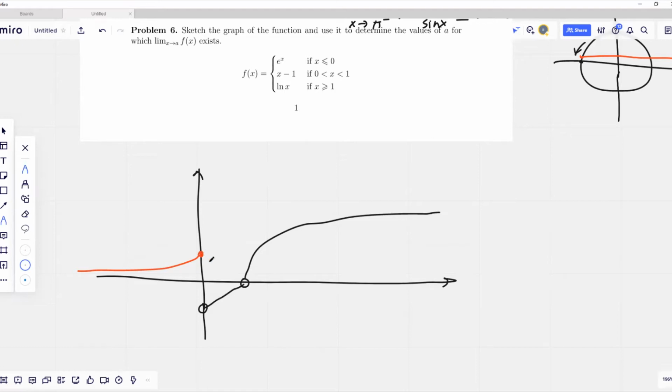So first of all, the limit at the point x equal to 0 doesn't exist, since the one-sided limits are different. The limit at this point here exists. One-sided limits are equal to each other. So the limit as x is approaching 1 from the left side, we substitute 1 here, we'll get 0.